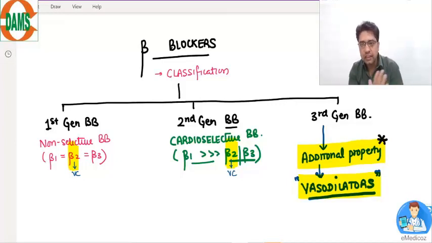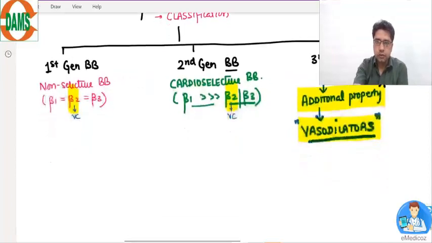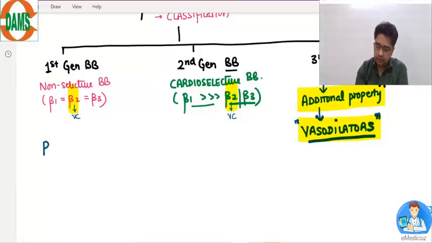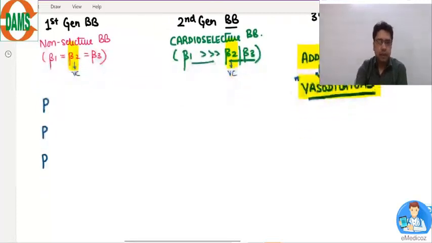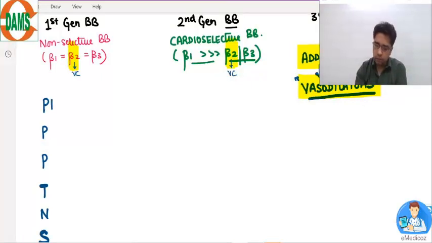So first, let's write the names of those beta blockers. You will write that in first generation, any beta blocker which starts with the letter P will be first generation, and you will write TNS. So you will write propranolol.